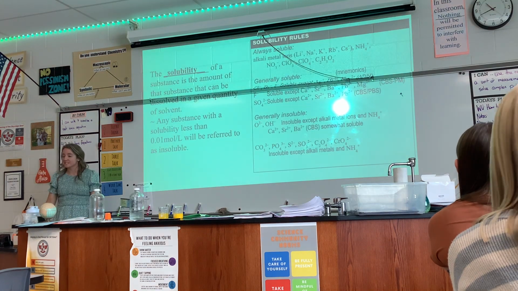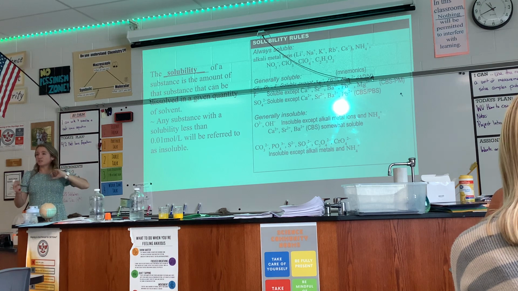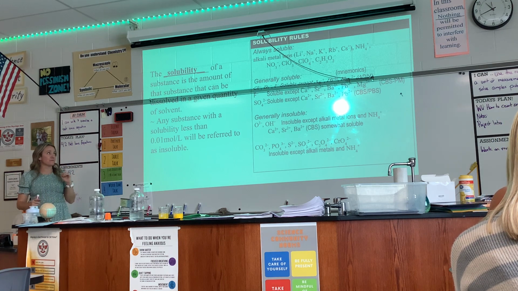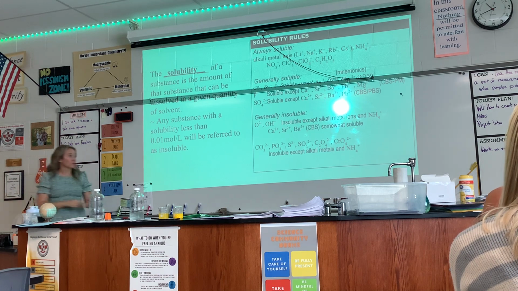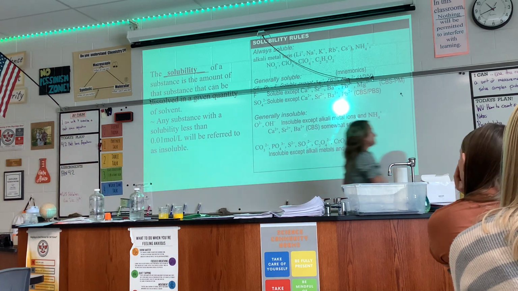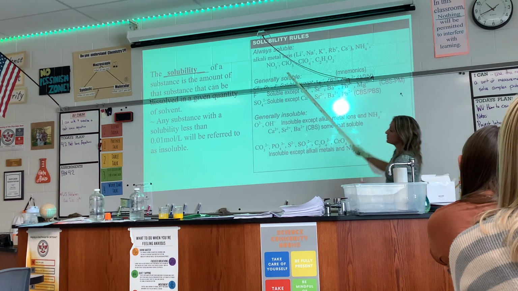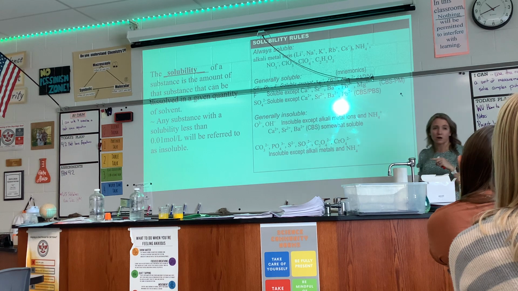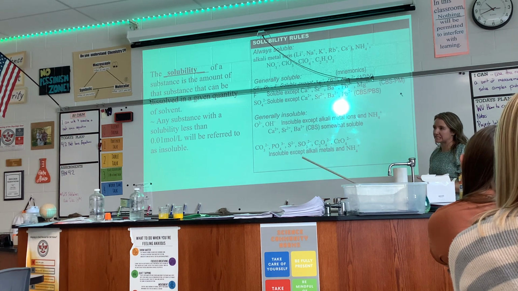So here's our rules. So if we were testing our equation we just did, the 2 things that were made were KNO3 and then PbI2. So if I go to my rules right here, you always are finding the negative thing on the chart. Okay, so the way to read the chart is you find the negative part of the piece.